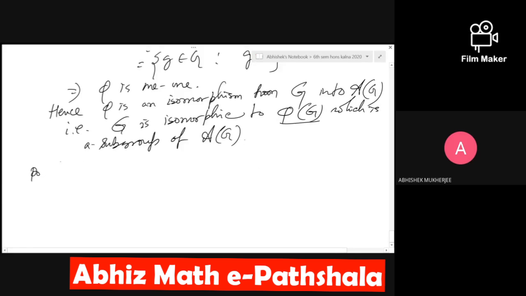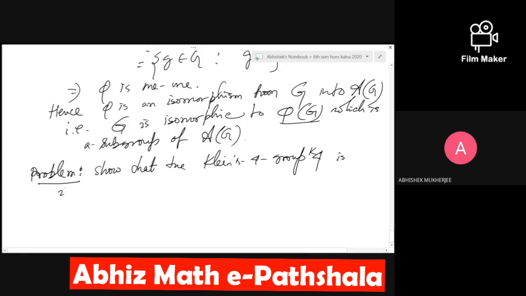Show that the Klein's group K4 is isomorphic to a subgroup of S4.